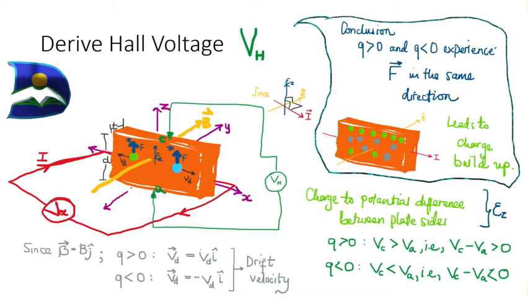So in this case, the difference in potential for a quantity of charge less than 0 must be less than 0. If the quantity of charge is greater than 0, the difference in potential value must be greater than 0 in order for you to determine what your Hall's voltage is.